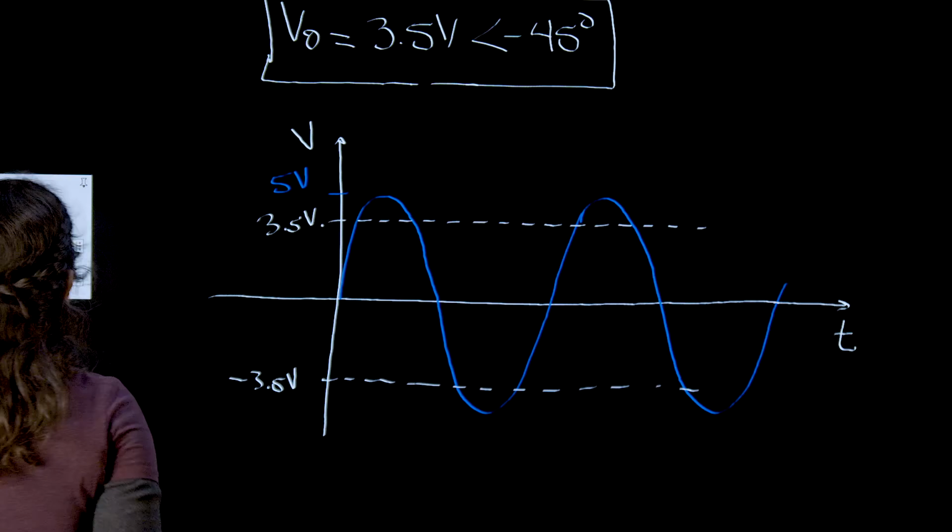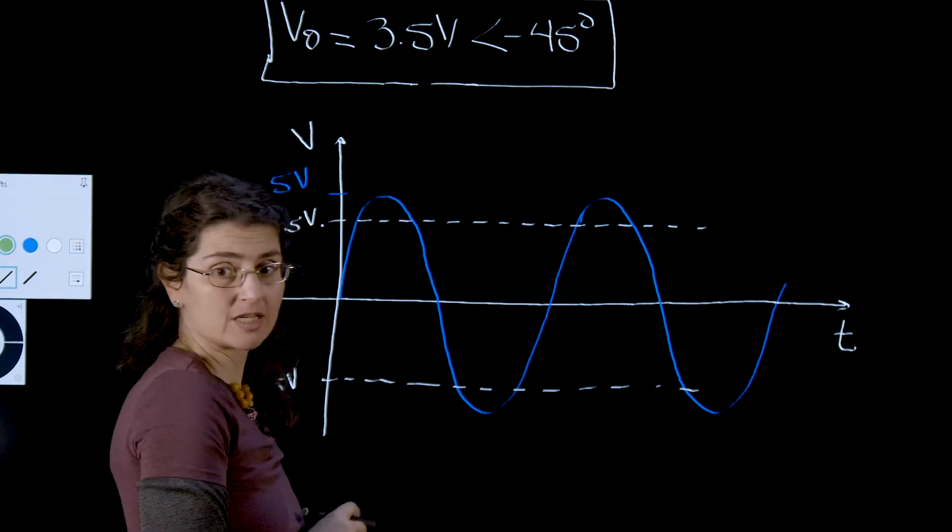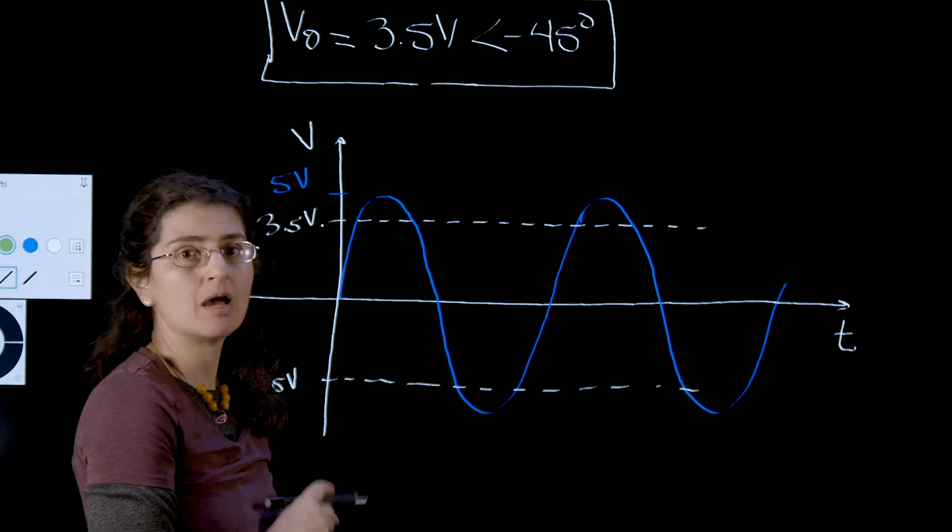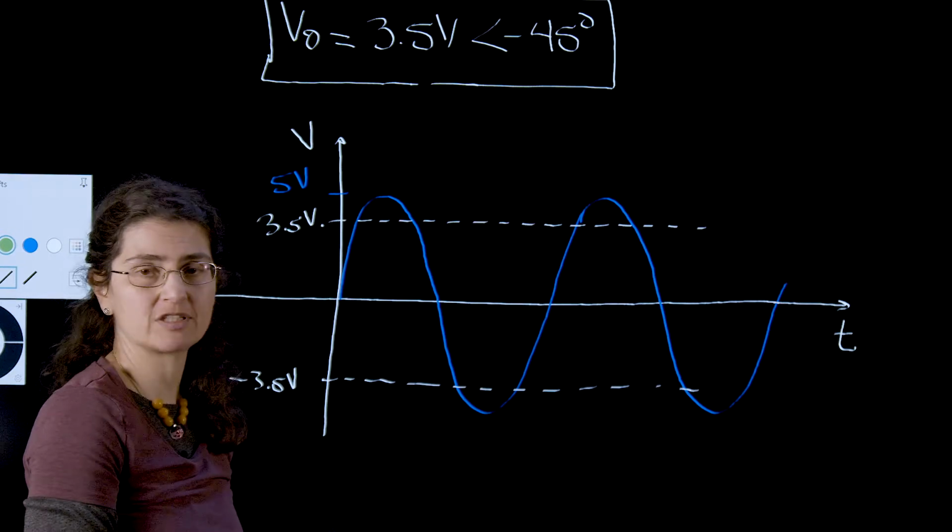My output voltage would be 3.5 volts in amplitude with the same frequency, but minus 45 degrees shifted.